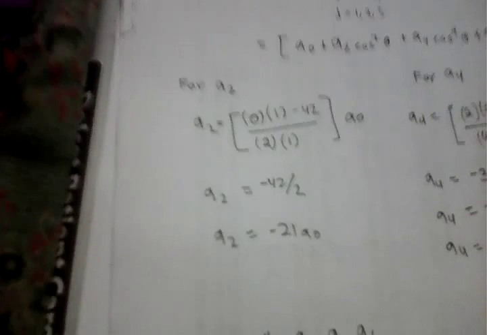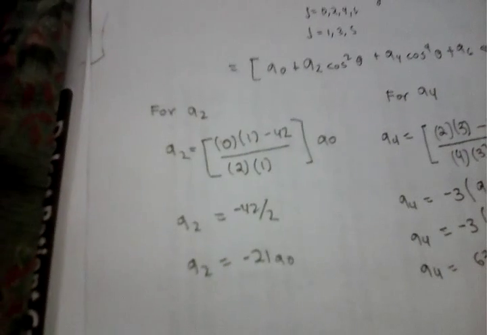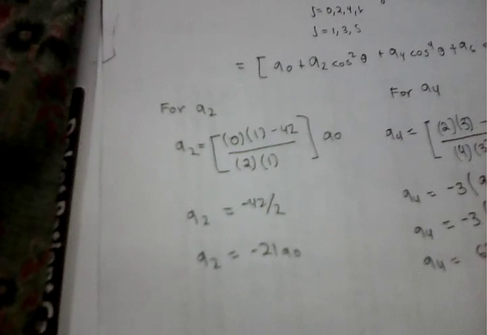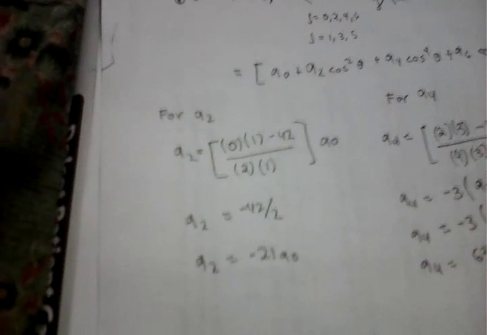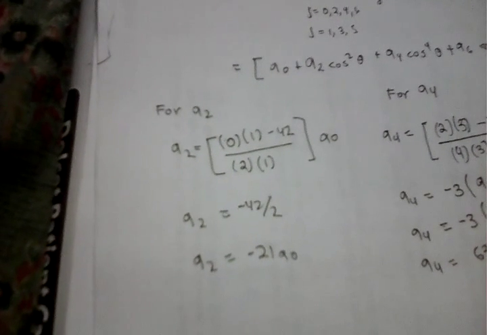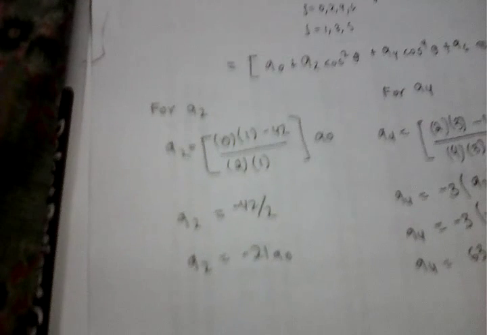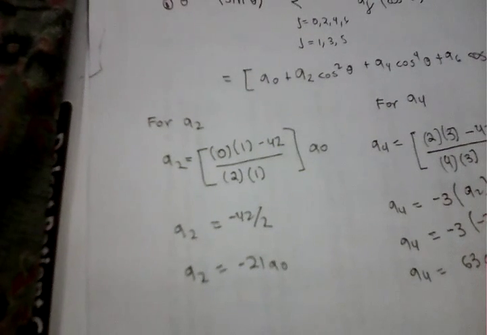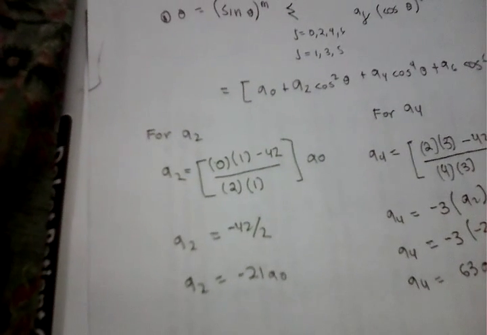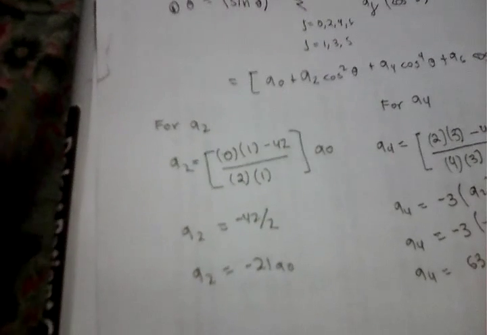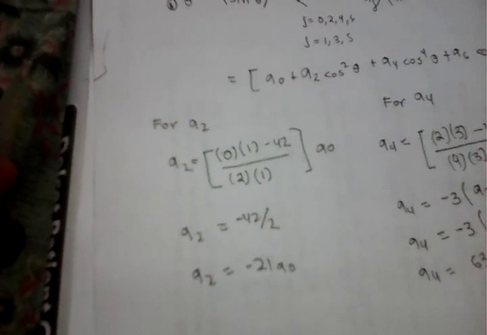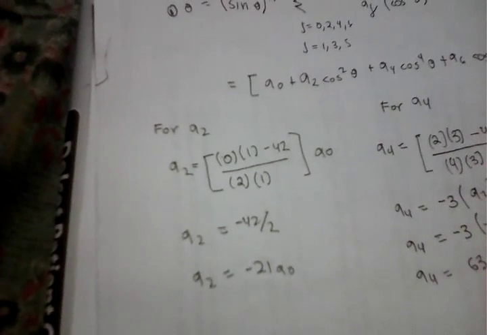Then for a2, I use the equation. It will be a2 equals (0 times 1 minus 42) over (2 times 1), a naught. a2 is equal to negative 42 over 2, so a2 is equal to negative 21 a naught.